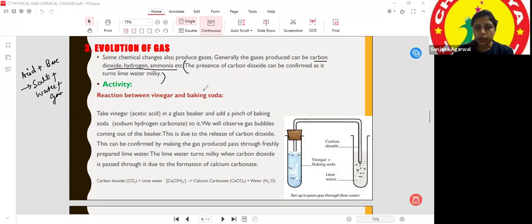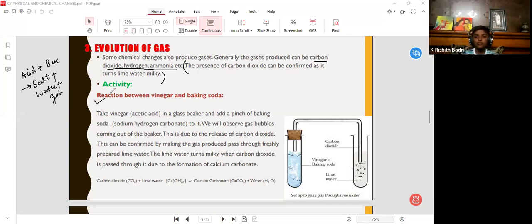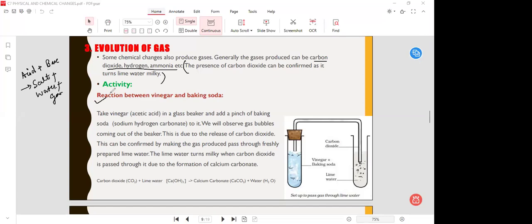Okay, and I told you to perform this activity. How many of you have done vinegar and baking soda? No one? Actually, I don't have vinegar at home, so I couldn't. I did it long back.